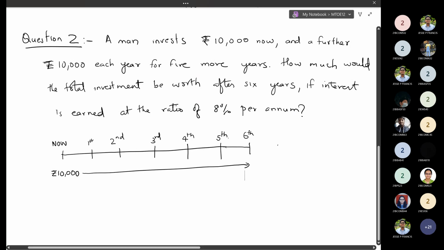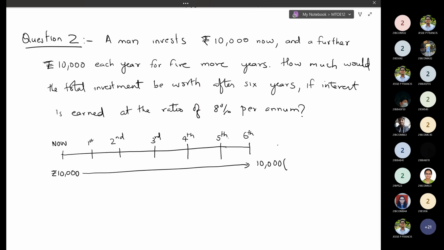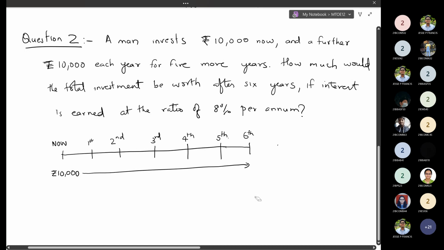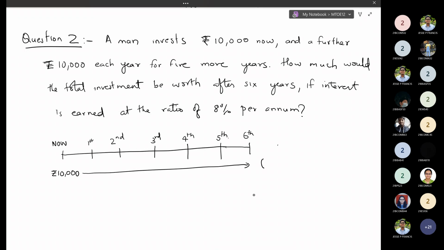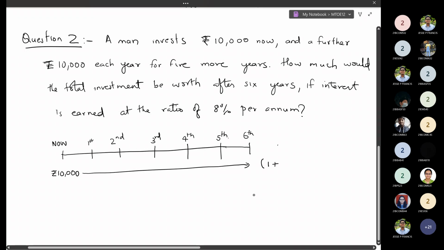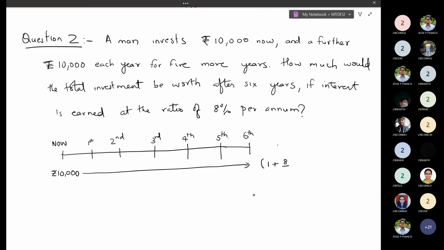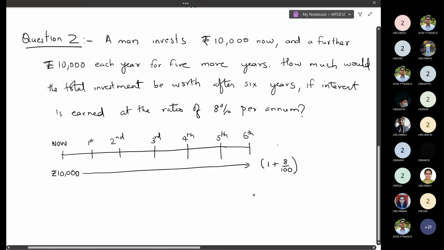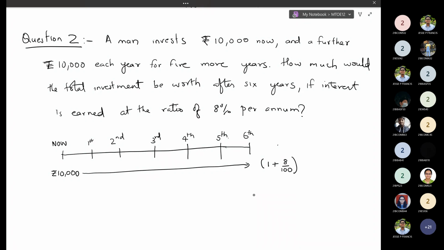Therefore, after 6 years, the maturity amount will be the initial amount, 10,000, into 1 plus the rate of interest, 8 by 100, 8%, to the power of the term, 6 years.